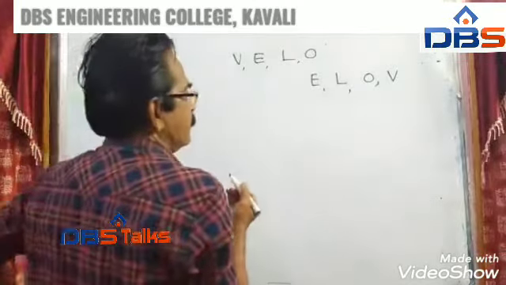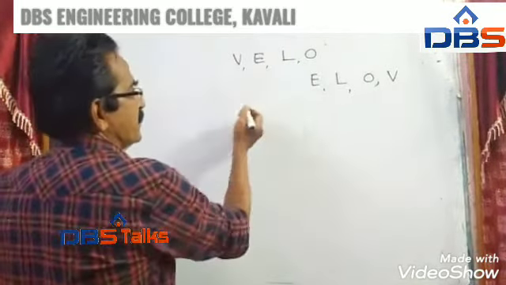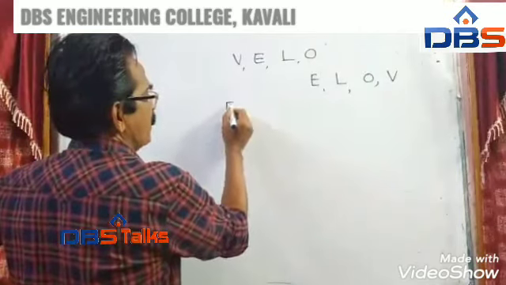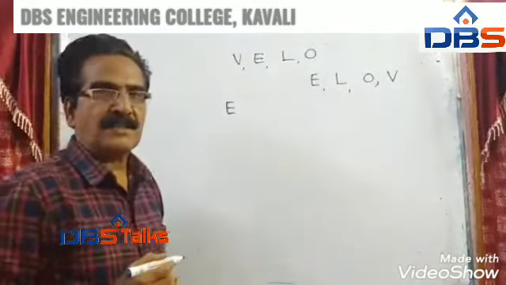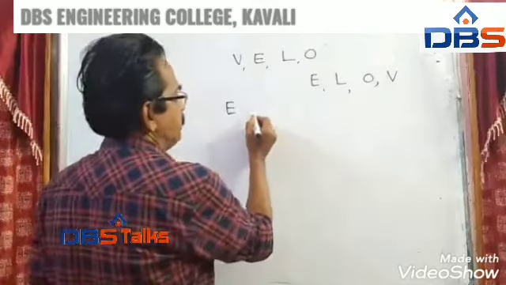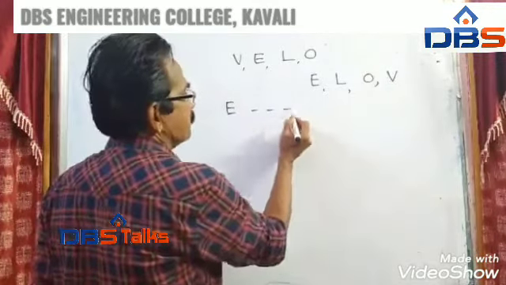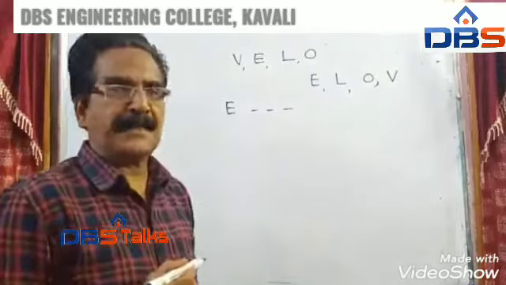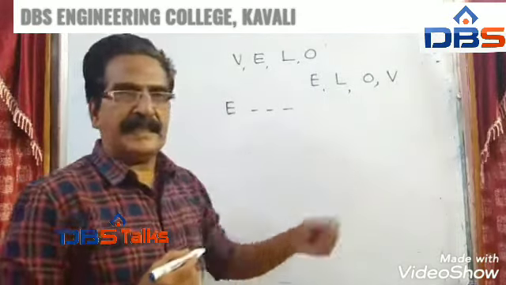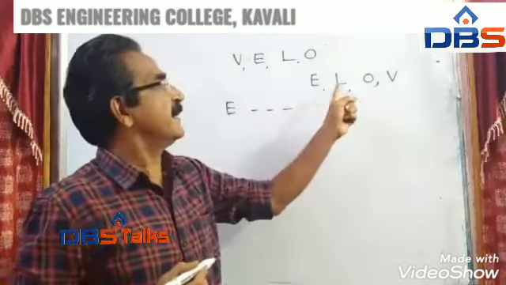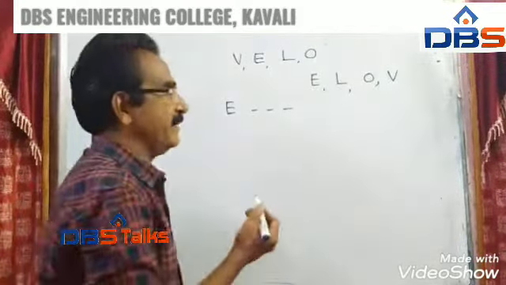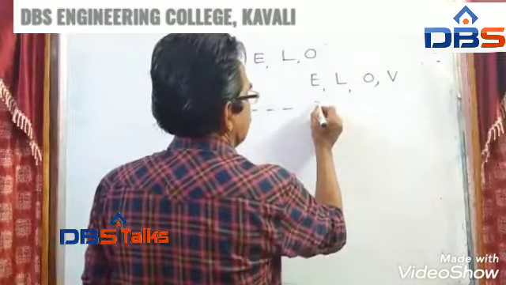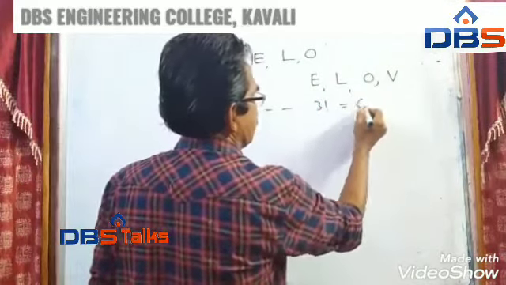Now let us see how many words start with E. If E is placed in the first place, the remaining three letters can be filled in these three blanks in 3 factorial ways. That is 6 ways.